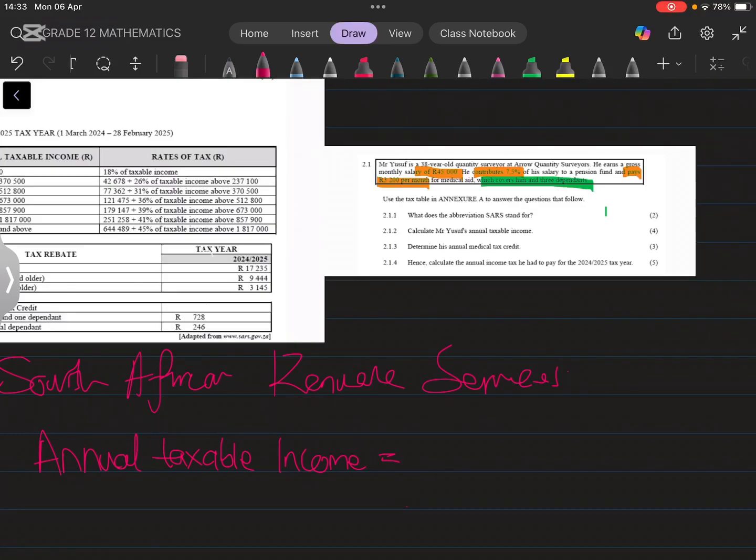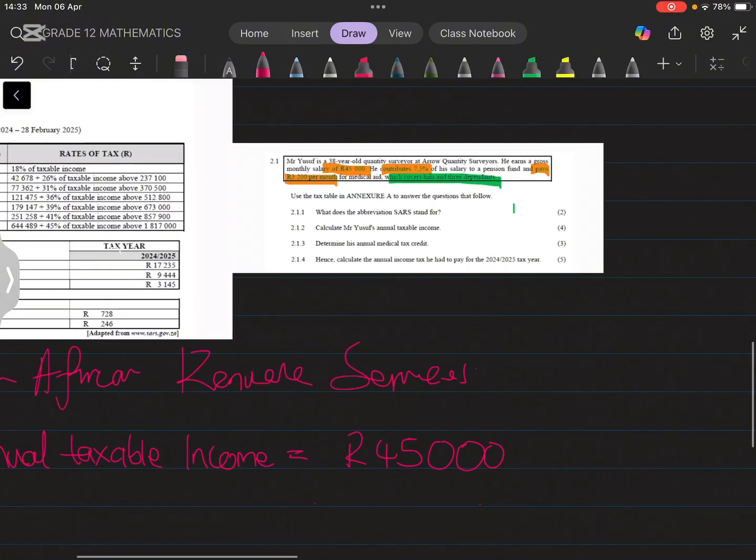So we're going to say 45,000 rand, and then we subtract 45,000 rand multiplied by 7.5%.